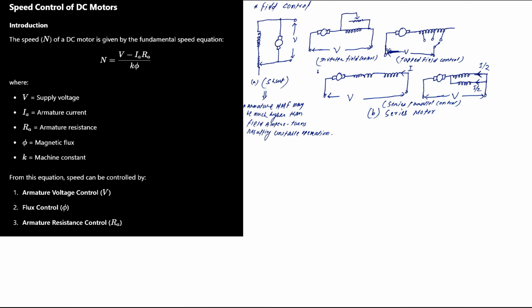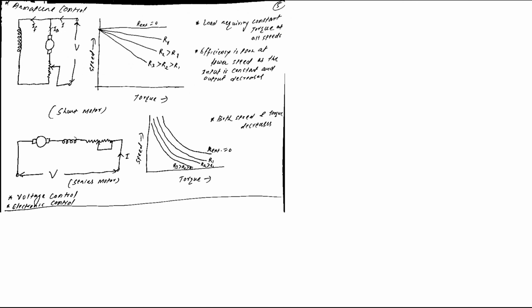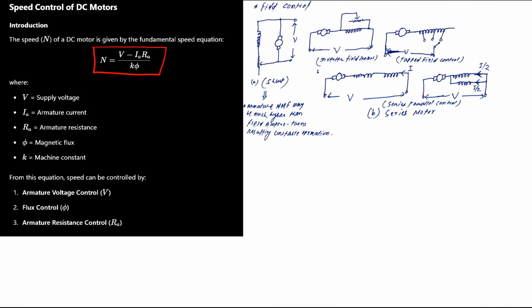We have speed control of DC motors. The speed of a DC motor is given by this fundamental speed equation. There are two methods of speed control: first, field control, and second, armature control.